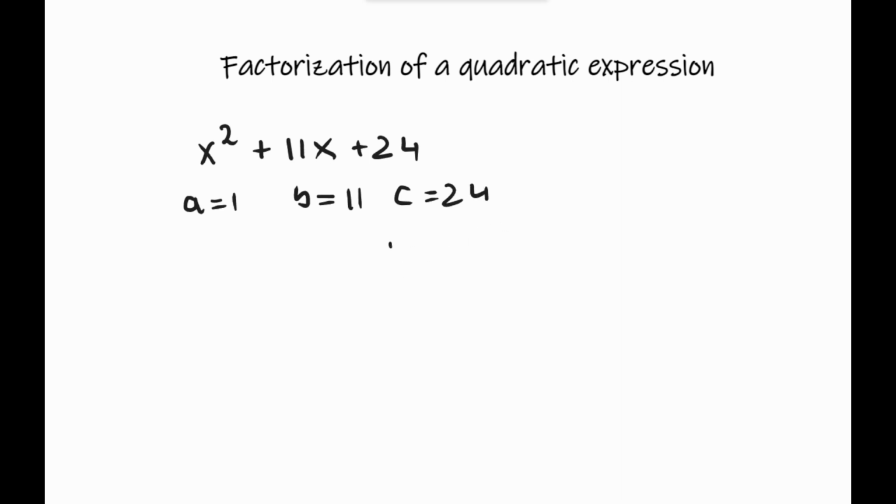As a first step, we must find two numbers whose product will be 24 and their sum 11.